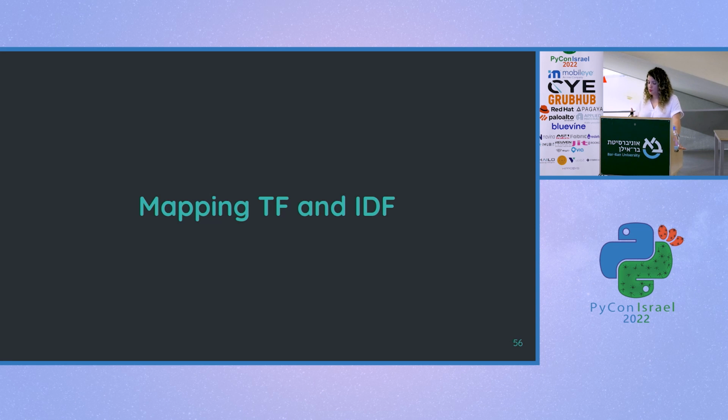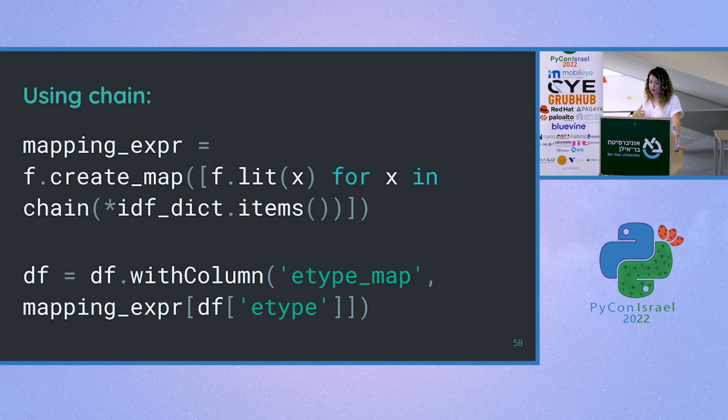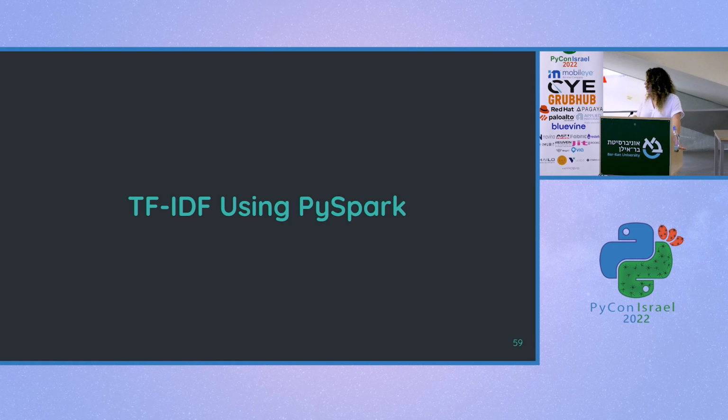And this is why we actually map it into columns in our data frame. So we're just using basic functions like collect, for example, and then we create a map and use chain in order to do that. And this is the way we'd calculate TF-IDF after we cast the IDF into a column.